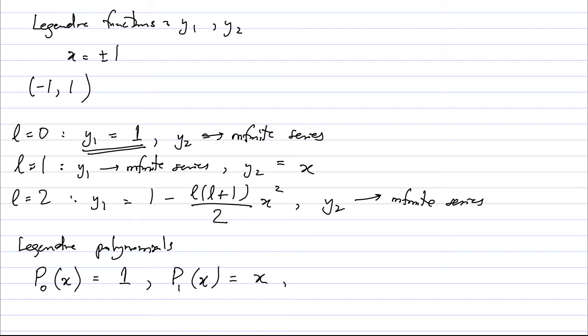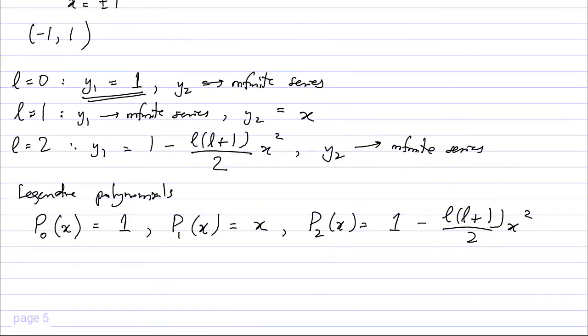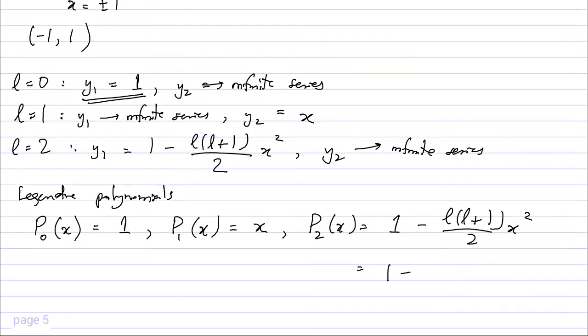Okay, P2(x) is equal to 1 minus (L plus 1) over 2 x square. Okay, but of course L is equal to 2, so you can simplify this further. So you have 2 multiplied by 2 plus 1 is 3, 6 divided by 2, 3.